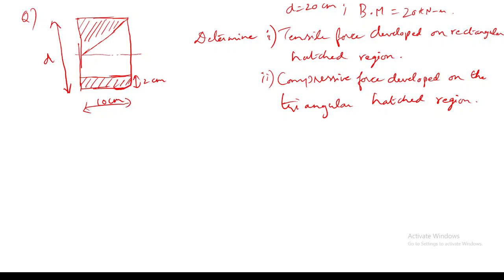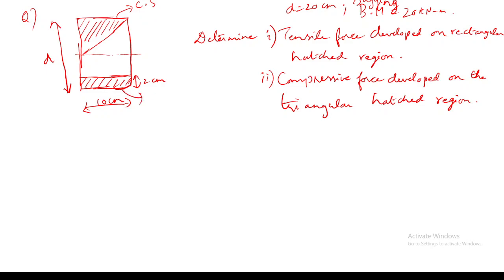Sir, where is the bending moment applied? No, see, in the question it is given as a sagging bending moment, which means the top fiber is subjected to a compressive stress and the bottom fiber is subjected to a tensile stress.